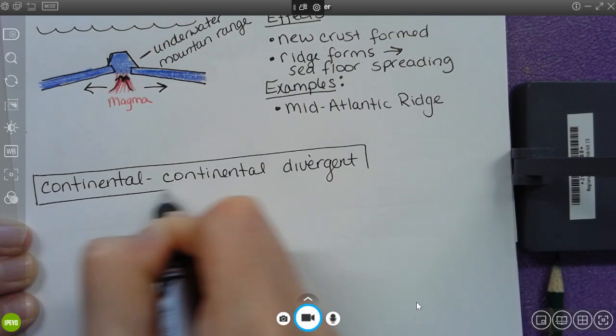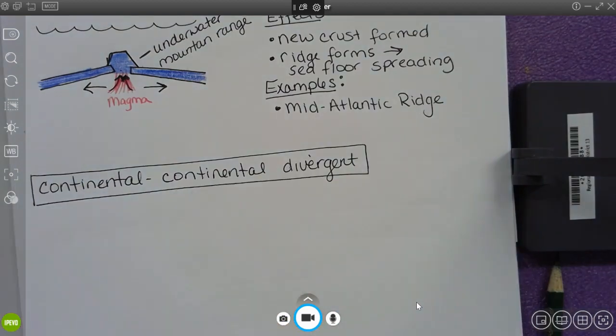Okay, now for this one, remember continental is less dense, right? It's not going to happen underwater. So think of this on land.